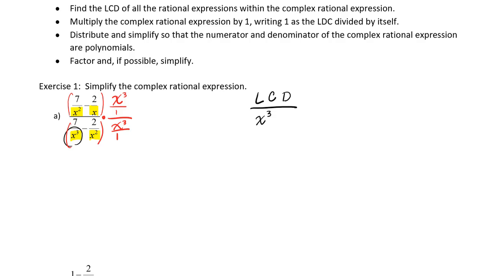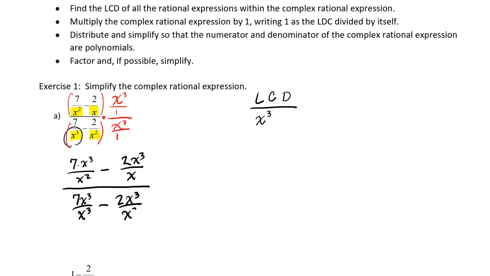I'm going to do this one time, and then from here on I'm just going to distribute it, and hopefully you all are following along with this. So I would have 7 times x cubed over x squared minus 2 times x cubed over x. That's the numerator. In the denominator, I'd have 7x cubed over x cubed minus 2x cubed over x squared.